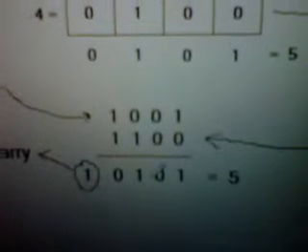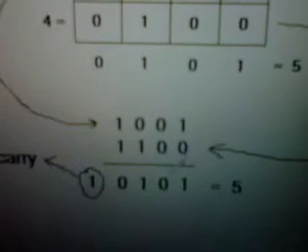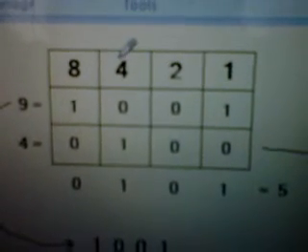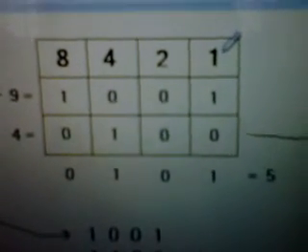Because if you place these numbers in this box, as I placed here, 0, 1, 0, 1, which is down here, and you look straight up and you see where all the 1s are, there is a 1 under the 4, and there is a 1 under the 1. So the computer will add this column 4 plus this column 1.